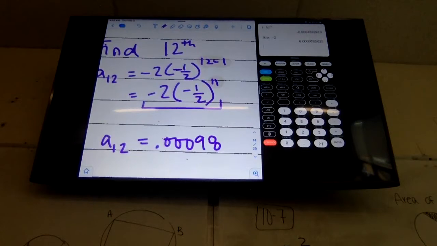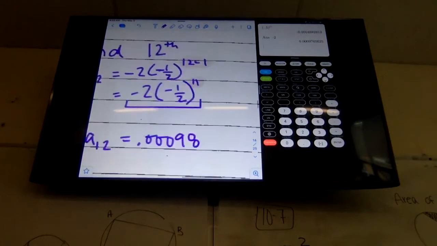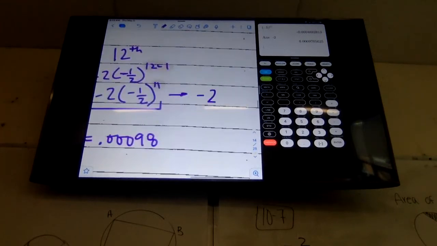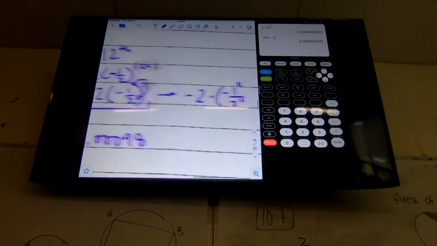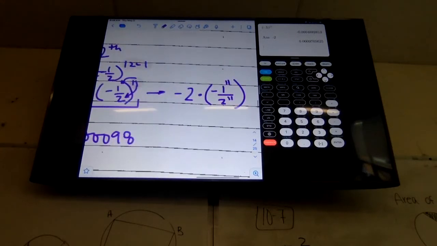Let's think about this, though, if we didn't want to use our calculator. Can we think about how we leave this and do this by hand? If I raise -1/2 to the 11th, 1 gets raised to the 11th and 2 gets raised to the 11th. So that's like -2 times -1 to the 11th and 2 to the 11th. I still have this -2 that I'm multiplying by that.